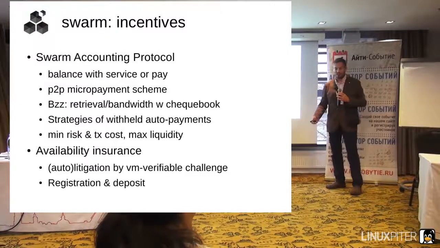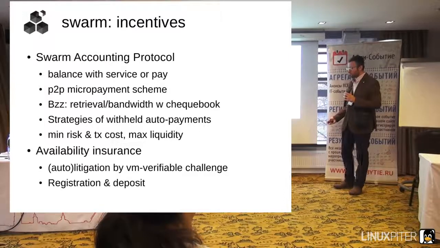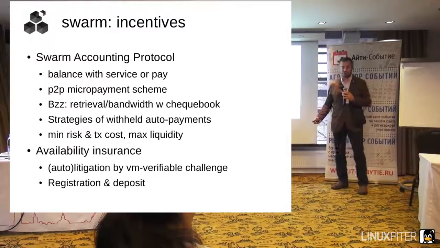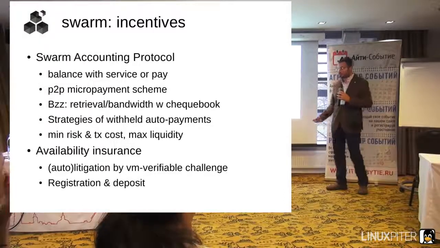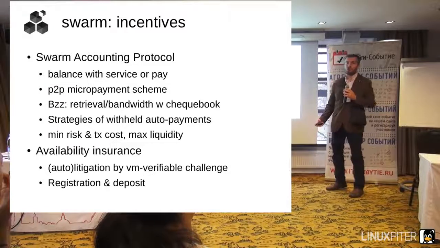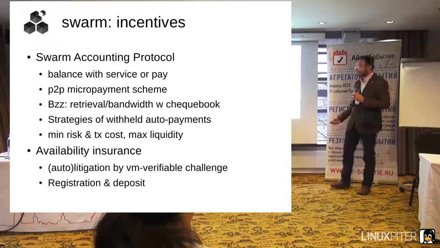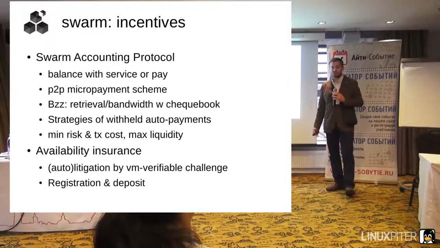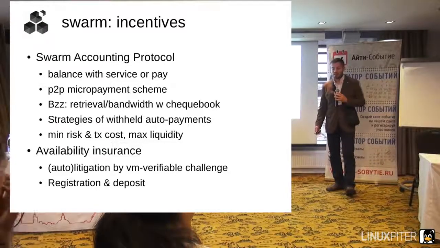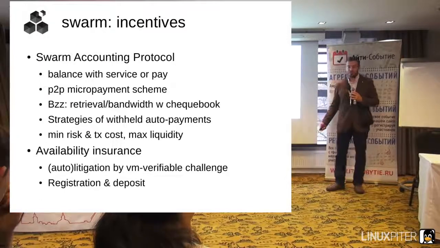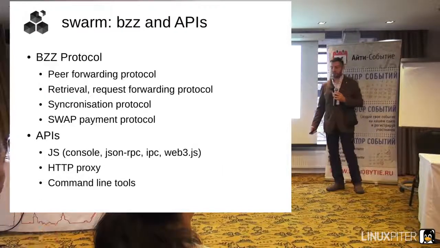And if you fail to deliver it, then you will lose your security deposit. And of course, you can sell this kind of availability insurance to people who want to store things that are not necessarily popular. So that's the other incentive structure, and we believe that with these 2 kinds of incentives, we have covered the large majority of interesting use cases.